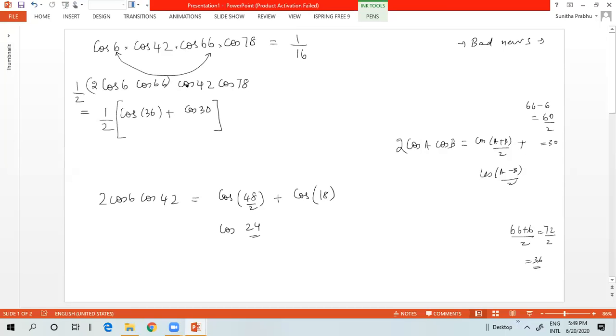Of course, we have this side by side, right? So next is cos 42, cos 78. Once again, you supply a 2 and you divide by 2. That means it becomes 1 by 4 totally. And what will this be? That'd be 120, so when you divide, you get 60.